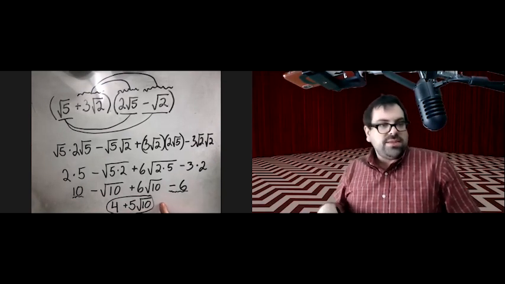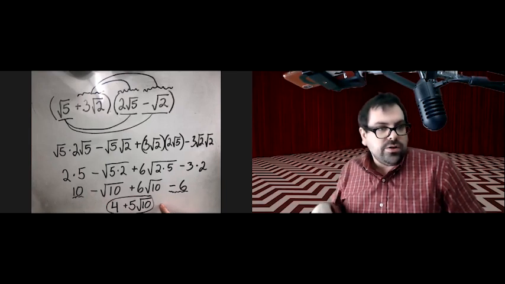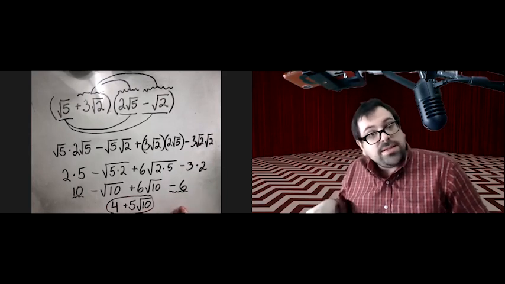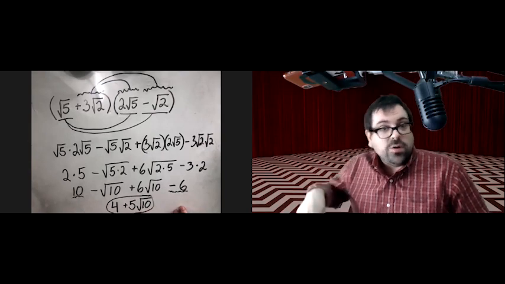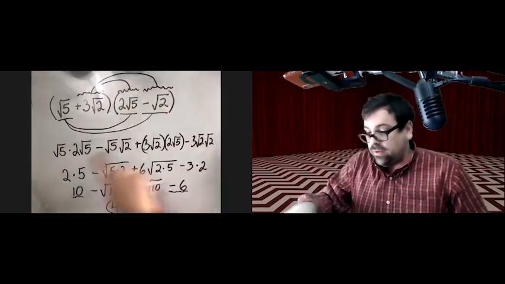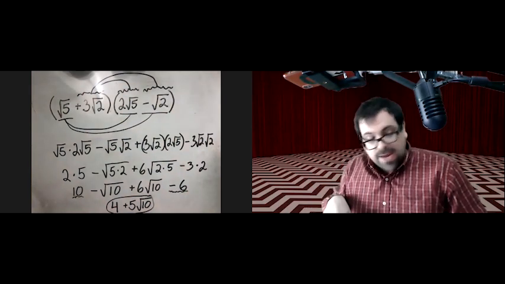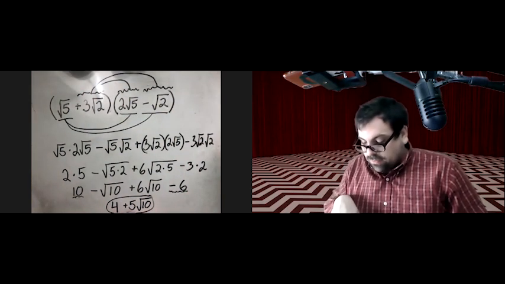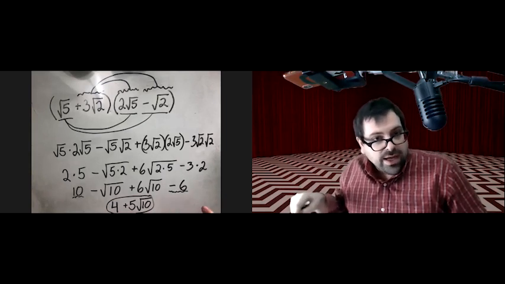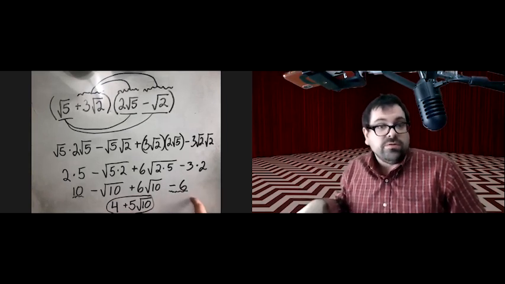Under no circumstances are you to make this 9 radical 10. If you see this 4 plus 5 and you think that means that you need to make it a 9, you deserve no credit on the entire problem. Honestly, if you got through every bit of it and then came to the end and said 4 plus 5 is 9, so 9 radical 10, you would get no credit and you would deserve no credit.